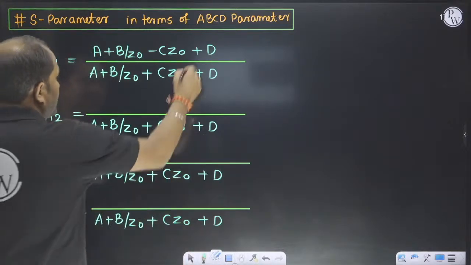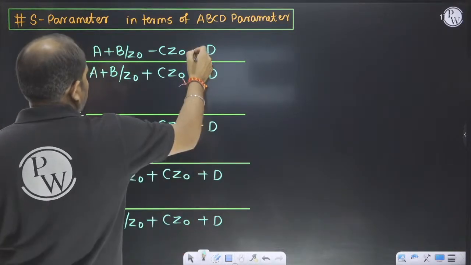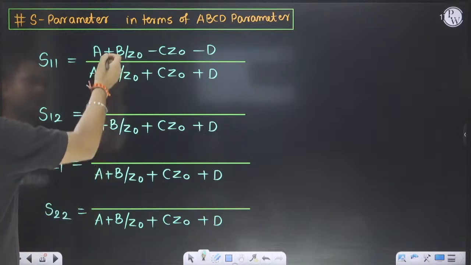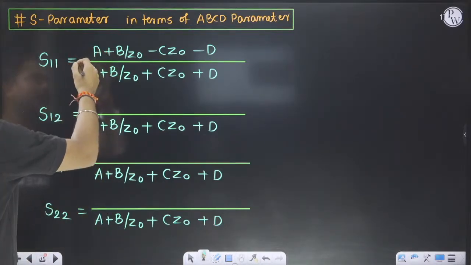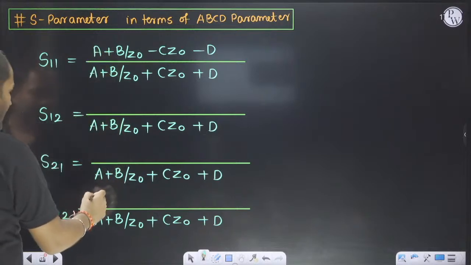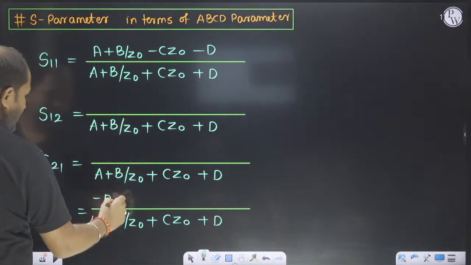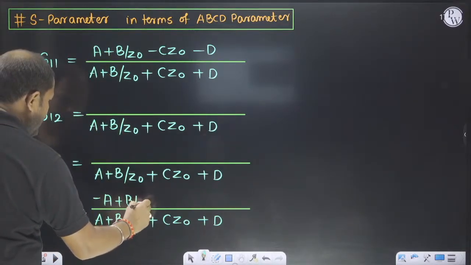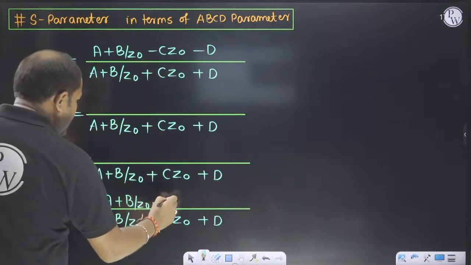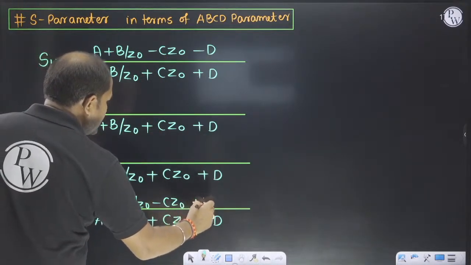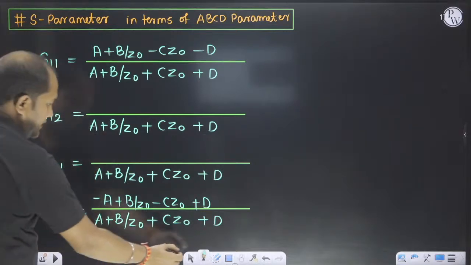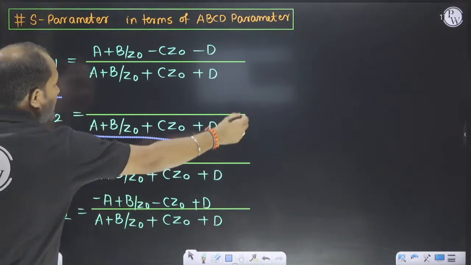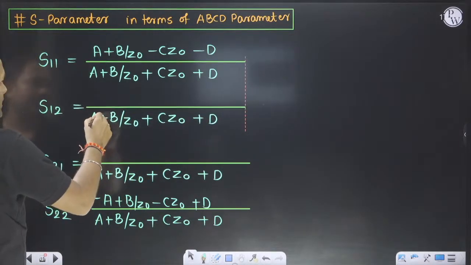So C minus D. Second one is S11 and S22, and the difference is that A will be minus A, the B term will be the same, B by Z naught, and minus C Z naught plus D. So you can remember S11 and S22 separately very easily.